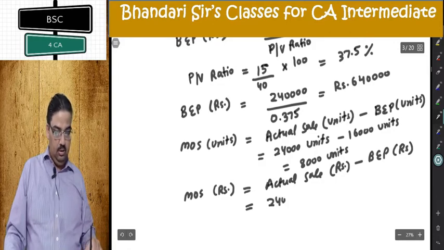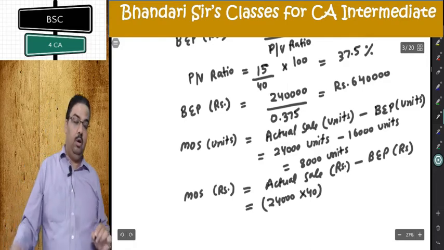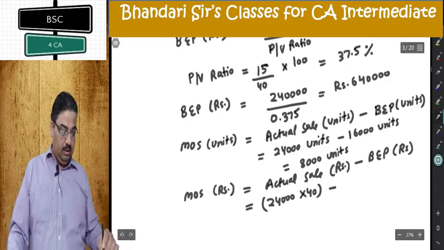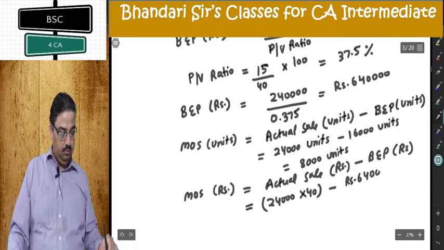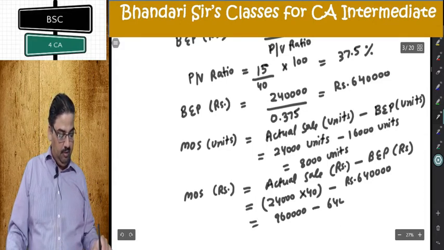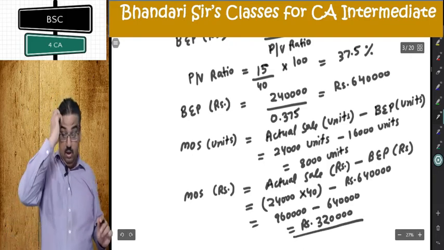Actual sale is 24,000 multiplied by 40, 24,000 units sold at the rate of 40 per unit, minus break-even point rupees 6,40,000. This is 9,60,000 minus 6,40,000, rupees 3,20,000. That is MOS in rupees.